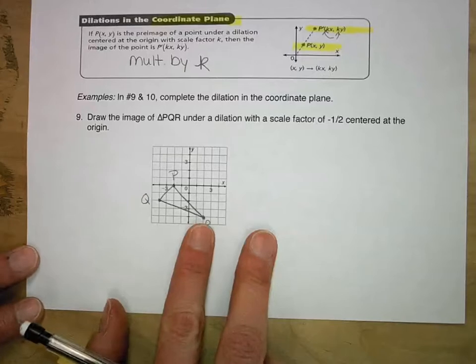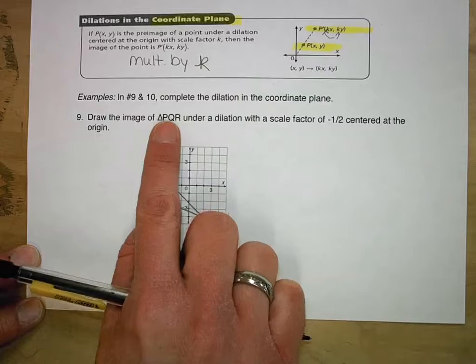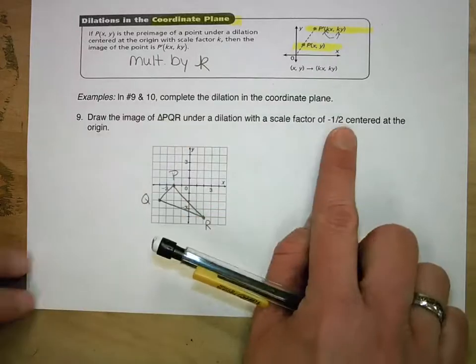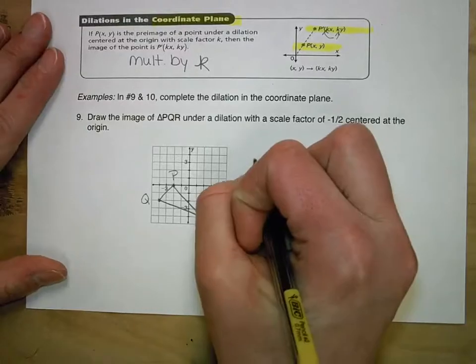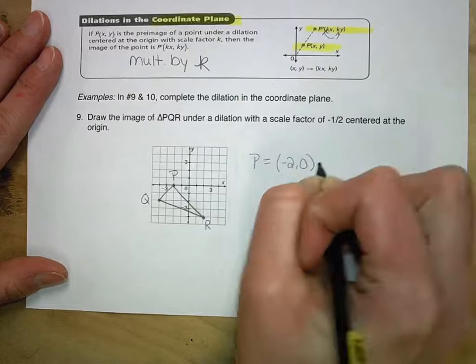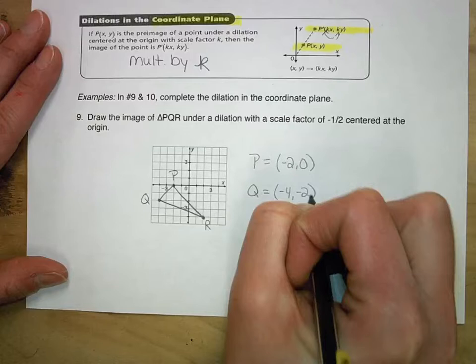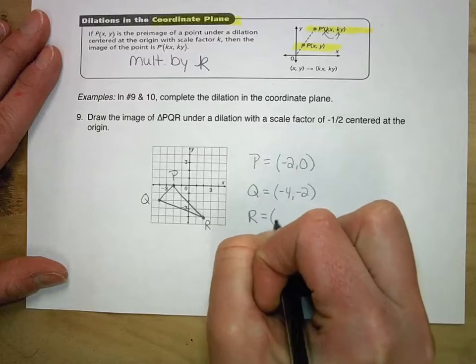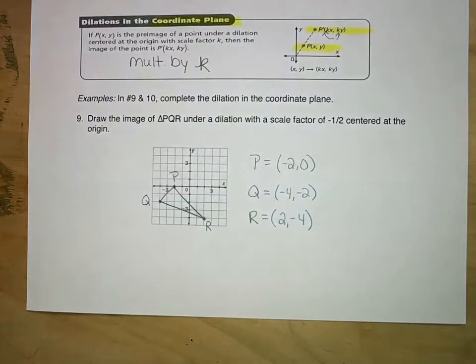So if you look at number 9, notice you have the triangle and it says draw the image with the scale factor of this. What I think is easiest to do is write down the original coordinates, okay? So take each of the points and just jot them down. So there's the original. I just took it right from the picture, okay?